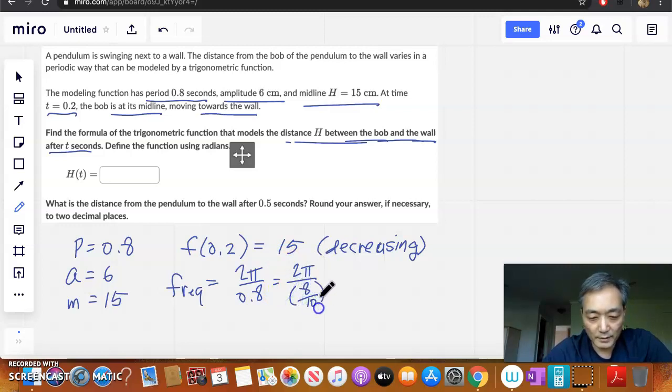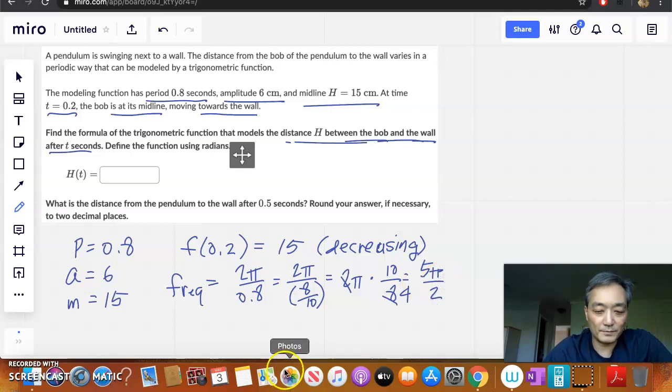We can flip that, so it's 2 pi times 10 over 8. The 8 cancels with the 2, giving me 4, so it's 10 pi over 4, which reduces to 5 pi over 2. There's my frequency, 5 pi over 2.